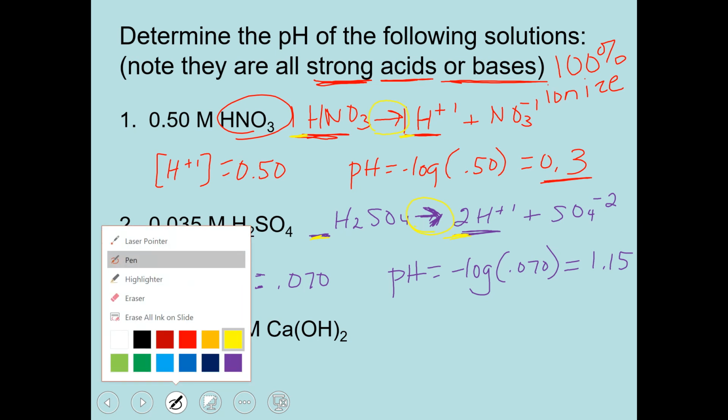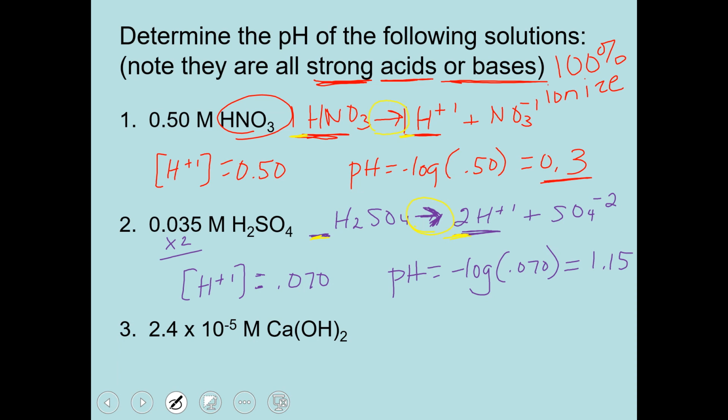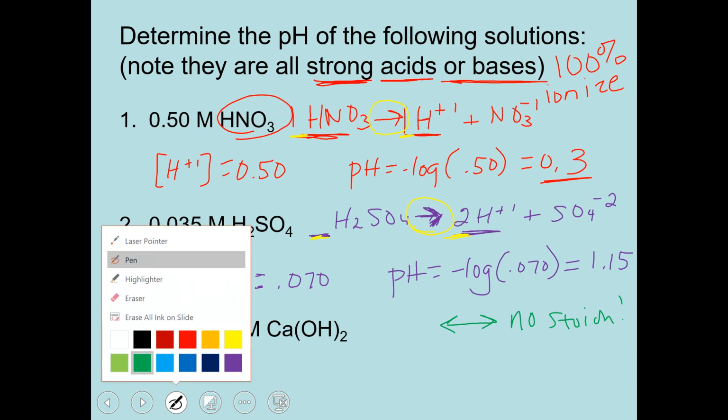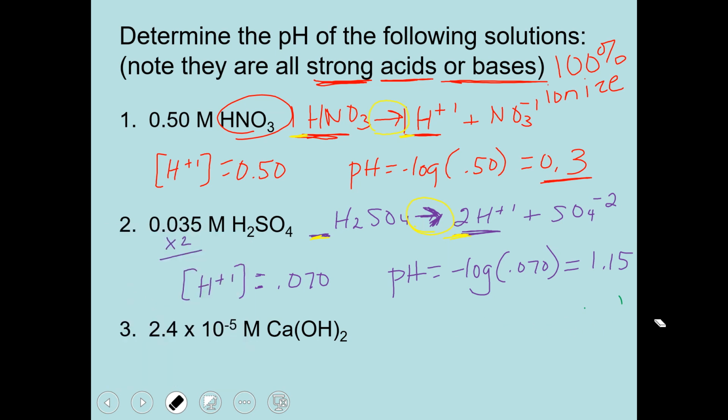Now, what I meant to say is, if it's a weak acid or a weak base, it's going to have a reversible arrow, and we cannot use stoichiometry when it's a reversible arrow. We have to apply the principles of equilibrium that we learned in Unit 11.